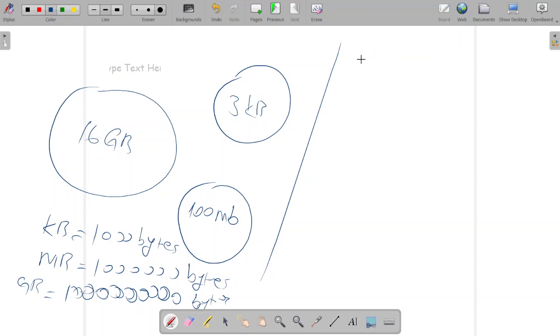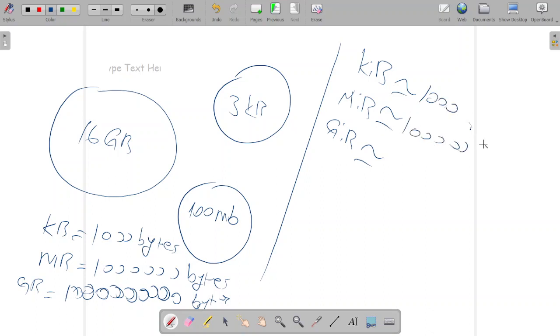We use something called the kibibyte, and we use the mebibyte, referred to as MiB, and we use the gibibyte. You need to understand that these values are equivalent to the others. This is going to be equivalent to 1000, and the megabyte is equivalent to 1 million, while the gigabyte is equivalent to a billion.